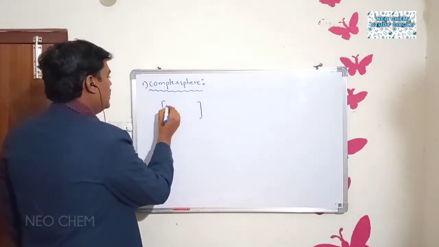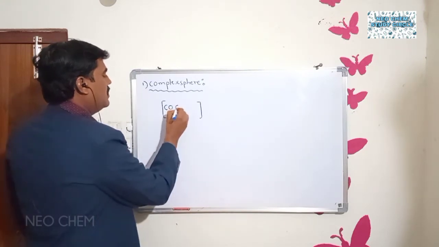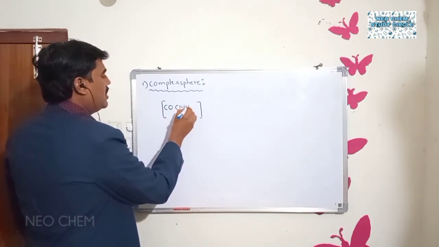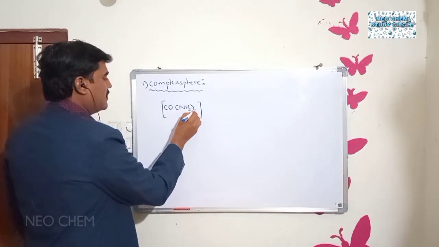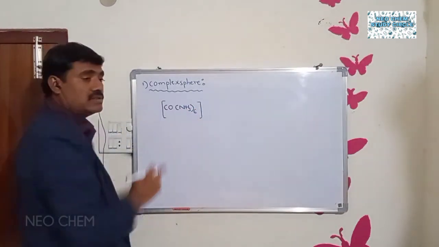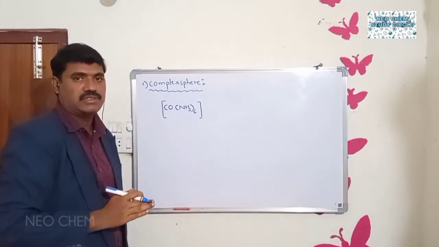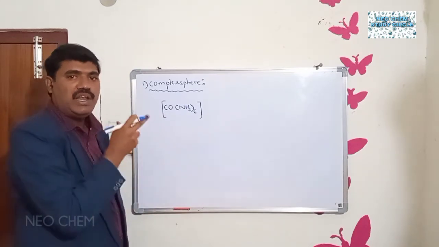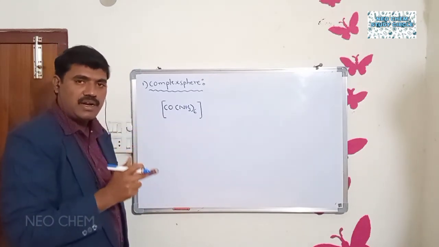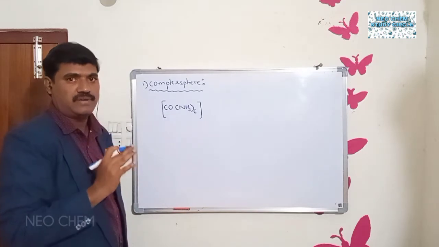Suppose Co is the central metal atom, and NH3 taken 6, that is six ammonia molecules, act as ligands. So in a complex sphere, the central metal atom and ligands are present.